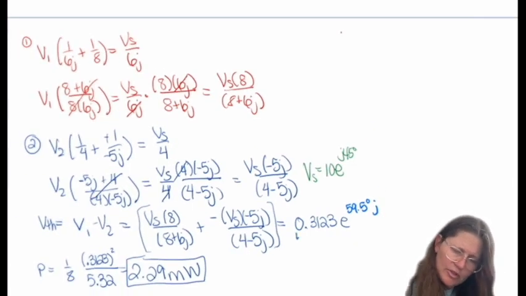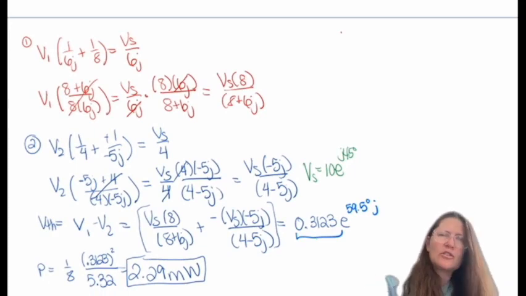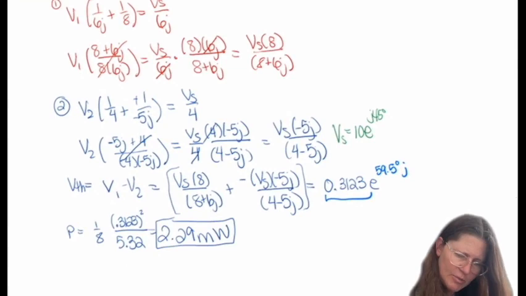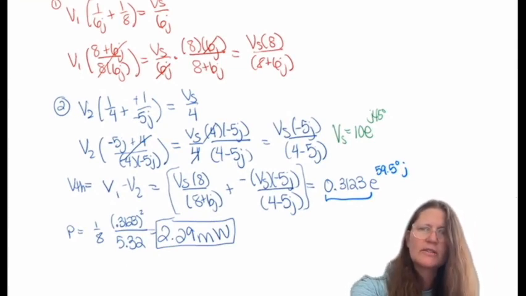So you just use the 0.3123, and again you could use Wolfram to solve for these, and then you end up with 2.29 milliwatts.